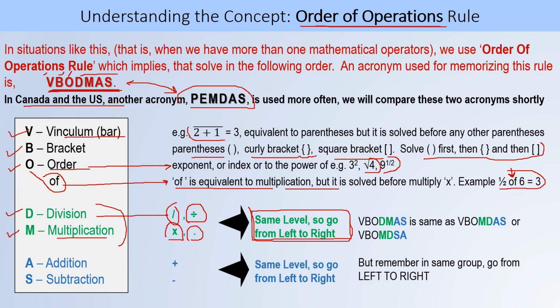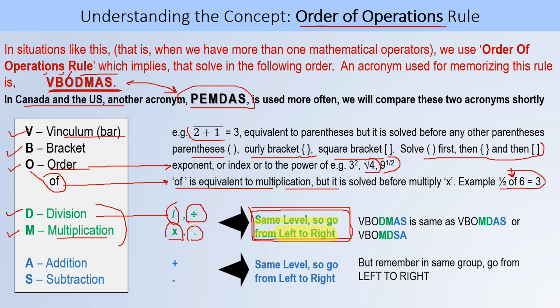So if we encounter operators of the same level, then the rule we have to follow is that we go from left to right. That is the important thing that we need to remember. So if multiplication comes first while going from left to right, we do multiplication before any division, but if division comes before multiplication, we will do division before the other operator.